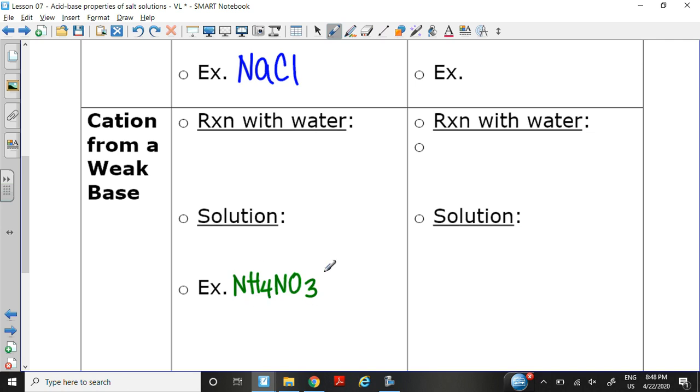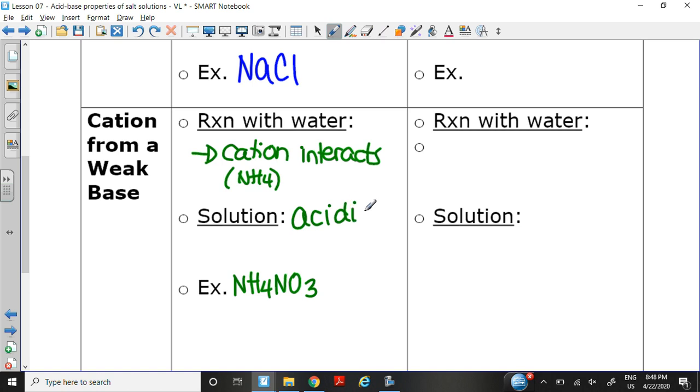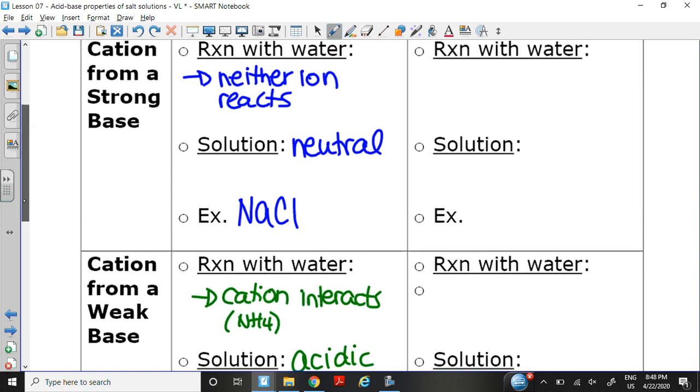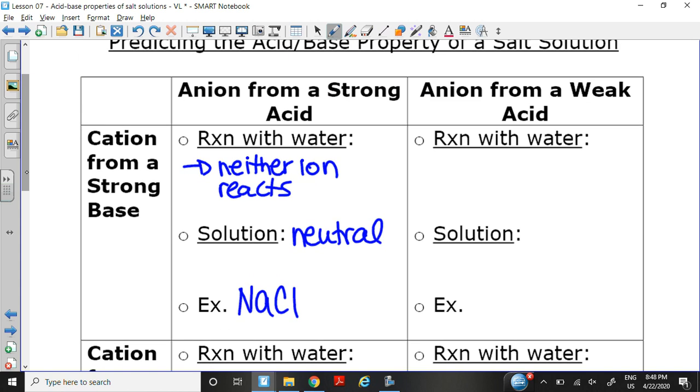And then we've got the anion from a strong acid, which is nitrate. Here we said the cation interacts with water. That was our ammonia here. And here we said our solution ends up being acidic.